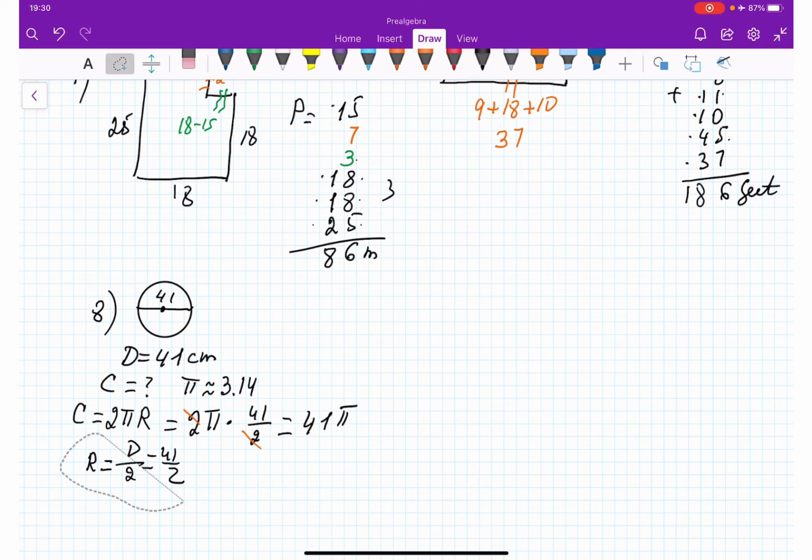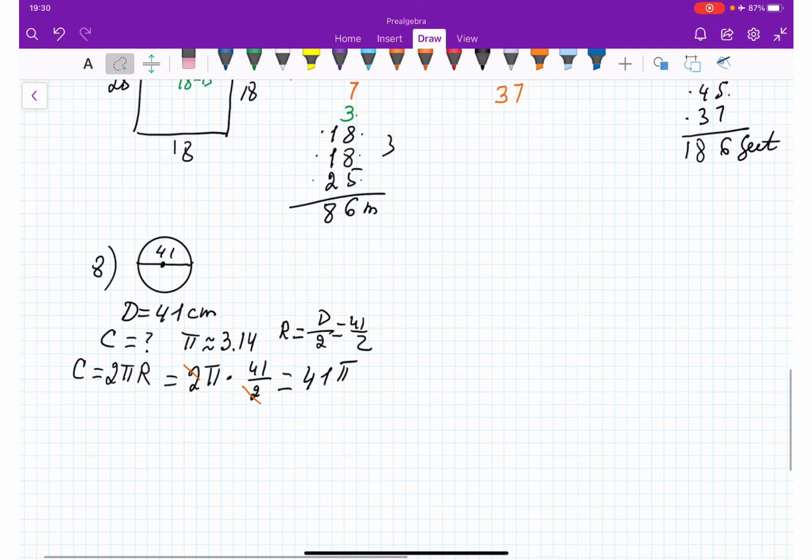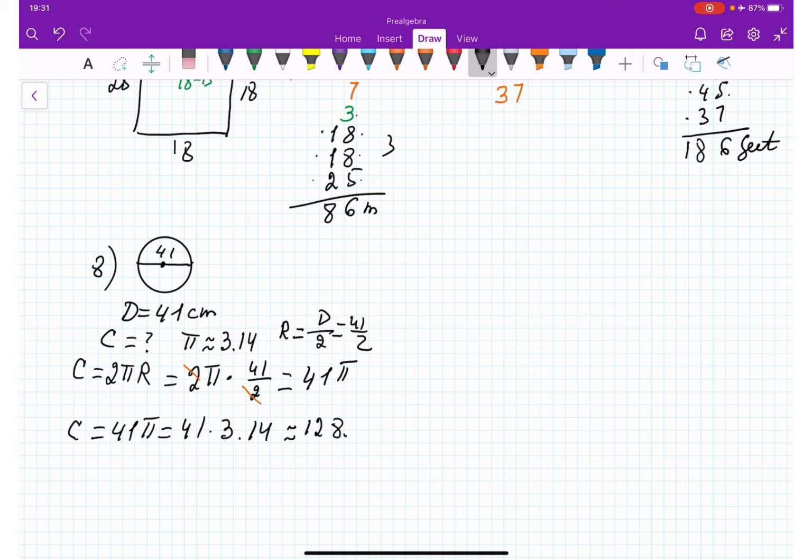And for the approximate calculation, the circumference is equal to 41 pi, which is 41 times 3.14. And that approximately is going to be 128.74 centimeters, right? Centimeters, yes.